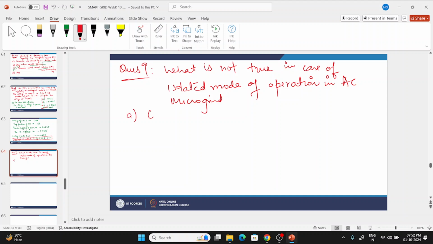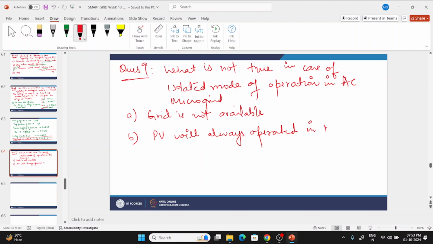A. Grid is not available. B. PV will always operate in MPPT condition. ठीक.